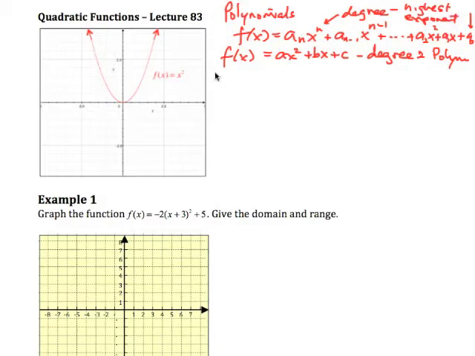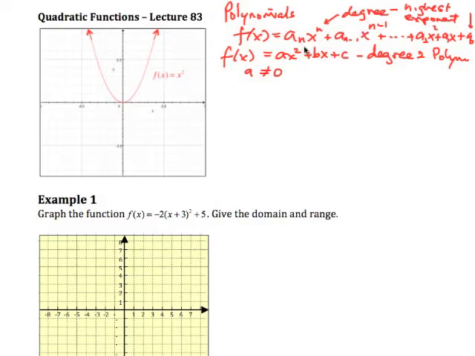All right, now what we want to do here, of course, remembering here that a can't be equal to 0, or we wouldn't have a quadratic, we'd have a linear function. So a linear function is actually a degree 1 polynomial. Now the reason we like polynomials is that they are easy to work with.